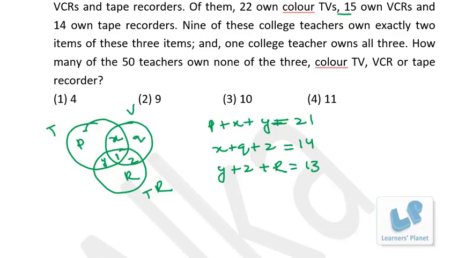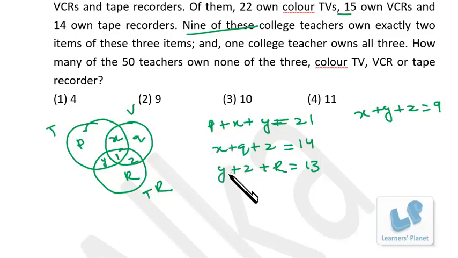Apart from that, we also know that since 9 of these teachers own exactly 2 items, x plus y plus z is basically 9.